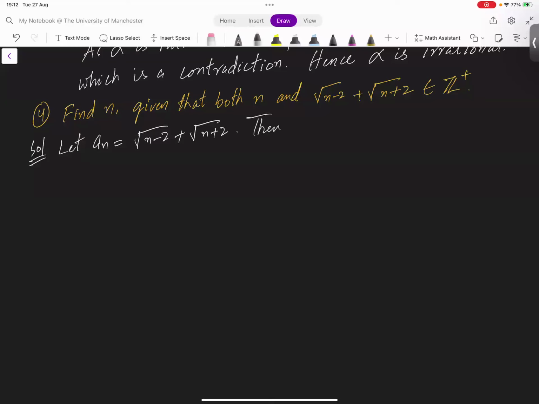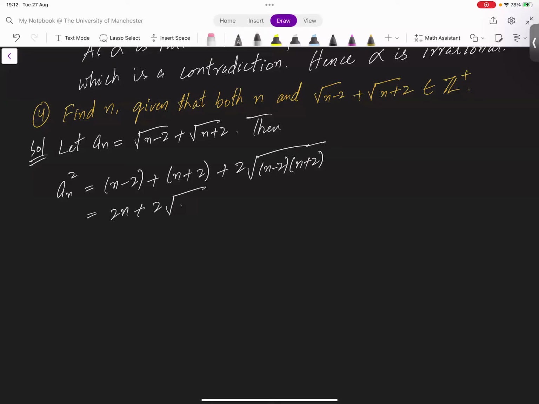Then the square of a_n is n minus 2 plus n plus 2 plus 2 into under root n minus 2 times n plus 2, and this is equal to 2n plus 2 into under root n square minus 4, right?